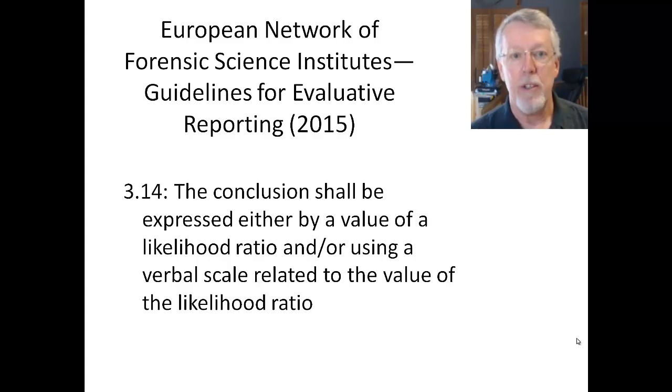What you see here is some language from the European Network of Forensic Science Institutes, issued in 2015, recommending that their member practitioners in Europe confine themselves to reporting conclusions by either expressing the value of a likelihood ratio, that is, by giving the ratio of the probability of the observed results under alternative hypotheses, or by using a verbal scale related to the value of a likelihood ratio.